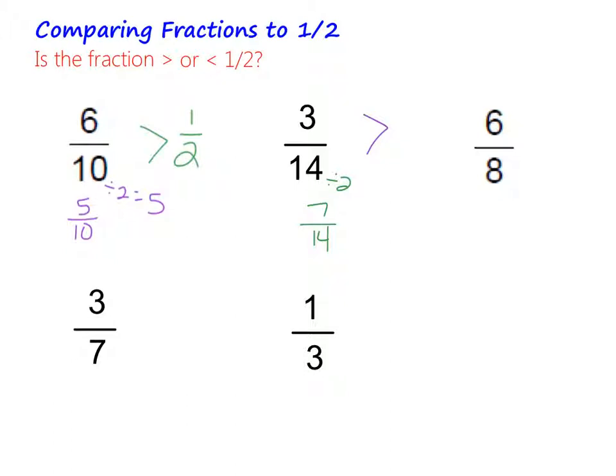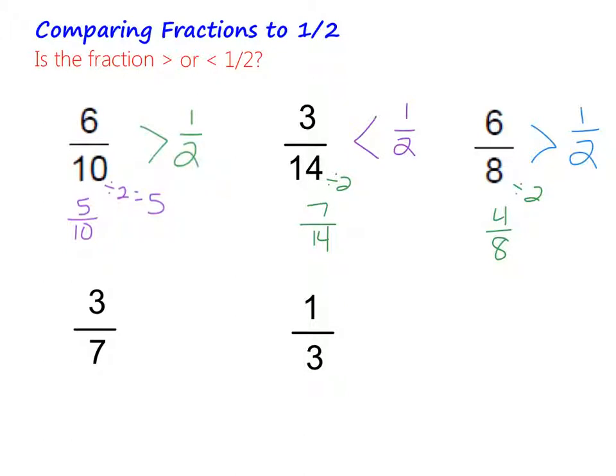So, oops, excuse me, I wrote that the wrong way. 3/14 is less than 1/2. So, taking a look at 6/8, I know that if I divide 8 in half, I'd have 4. So half of a pizza cut into 8 slices is 4/8. Therefore, it's easy for me to see that 6/8 will be greater than 1/2.